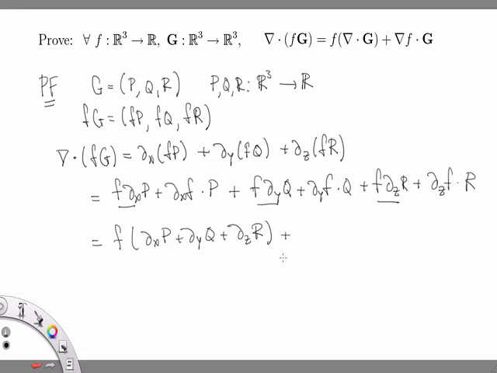And then these last three terms that are left over, we can recognize, right? So we have the partial with respect to x of f times P plus the partial with respect to y of f times Q plus the partial with respect to z of f times R. So P, Q, and R are the components of G, and fx, fy, and fz are the components of the gradient of f.